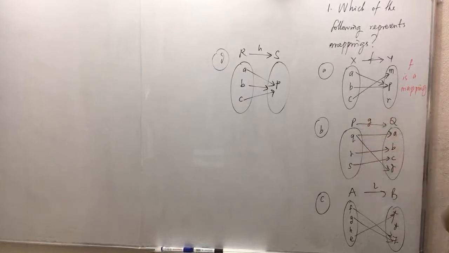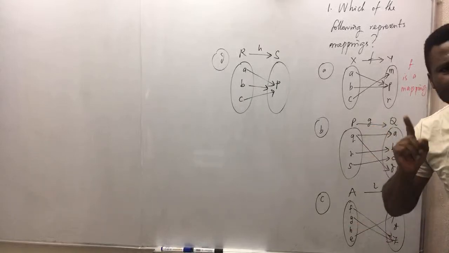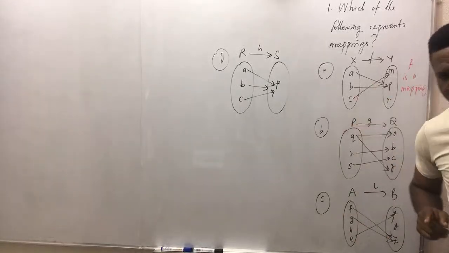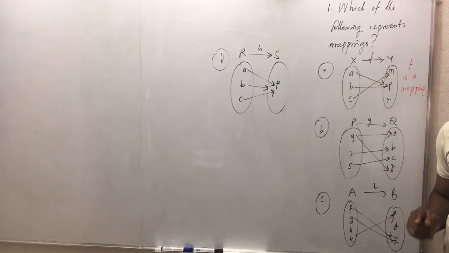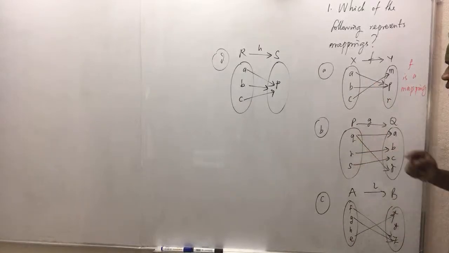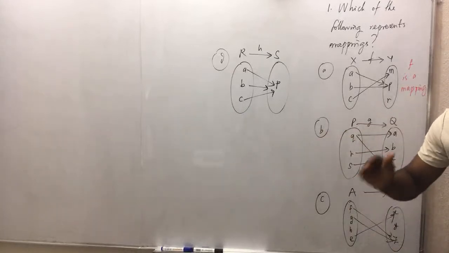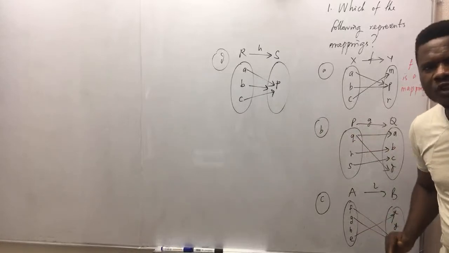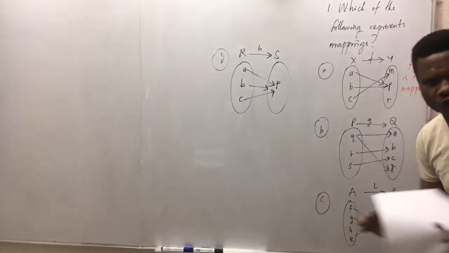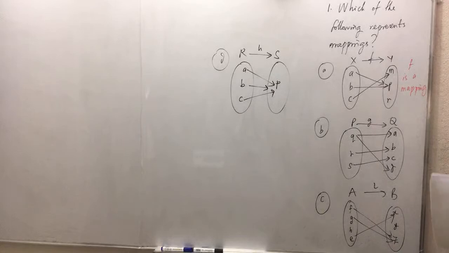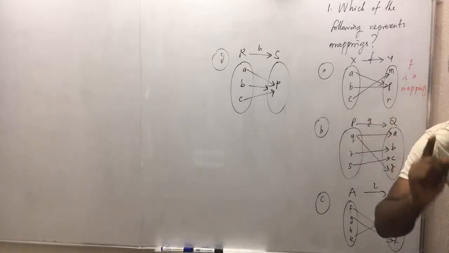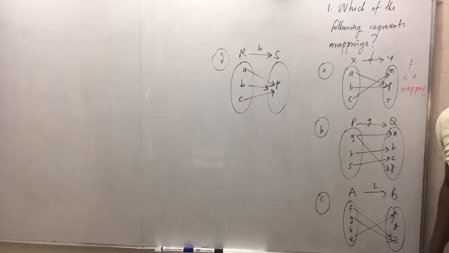look at all the elements, you will notice that the relation G satisfies condition number 1. How does it satisfy condition number 1? Every element in the domain P has an image. But even as it satisfies condition number 1, you will notice that it has failed condition number 2. What is condition number 2? Condition number 2 requires that one element in the domain cannot have more than one image.